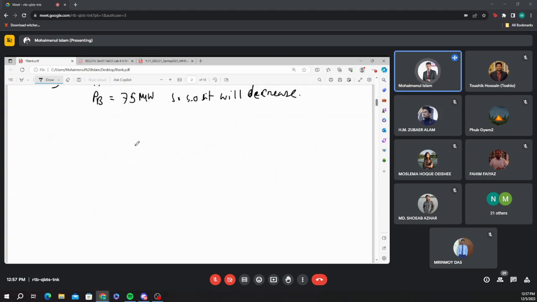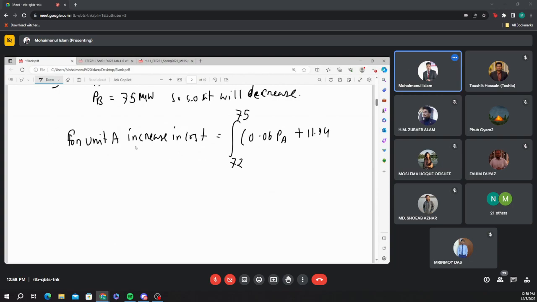We can calculate it by a very simple equation. For unit A, the increase in cost is from 72 to 75, 3 megawatt you need to increase. The equation is 0.06 PA plus 11.4, okay.